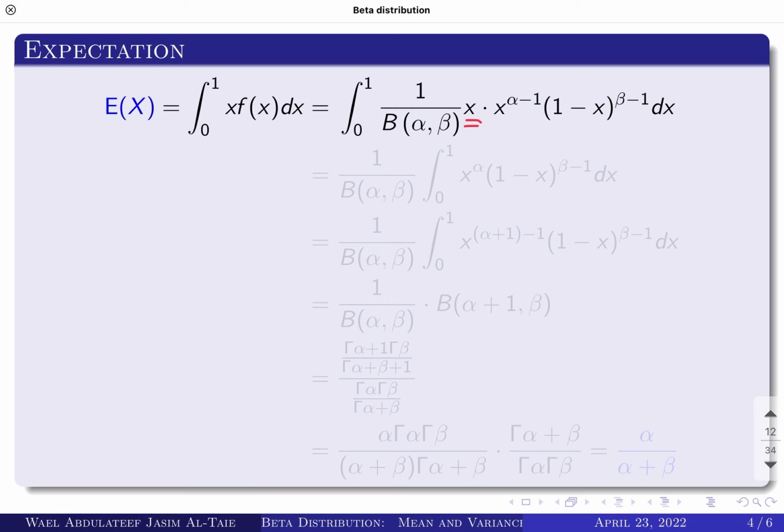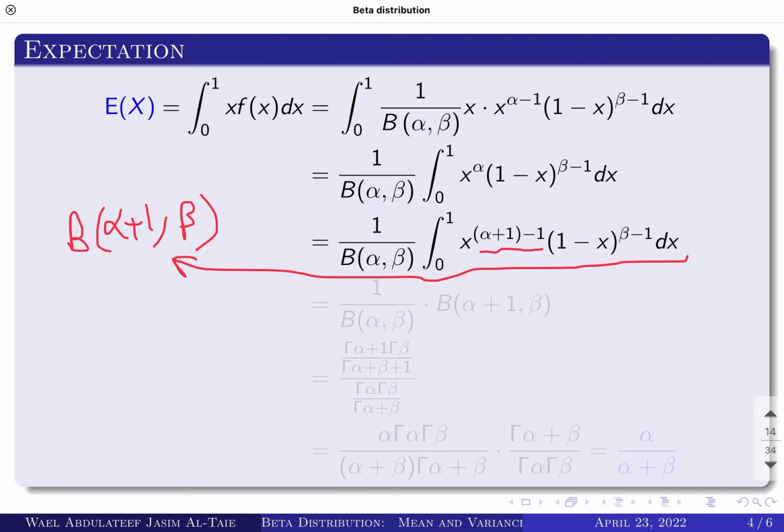The reason I'm doing that is that the integral of this one, on the red line, will give me the beta function of alpha plus 1 and beta.